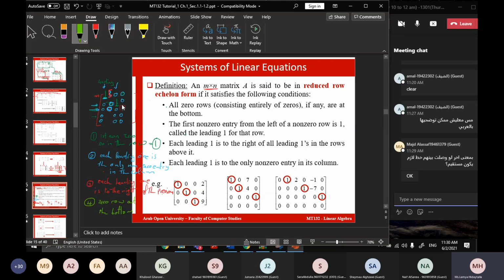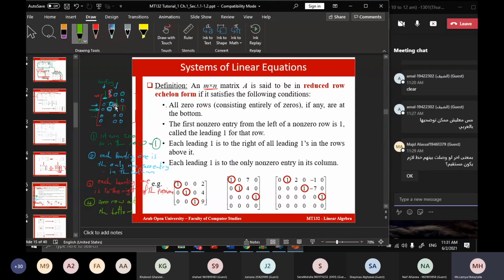Second, each leading one should be the only non-zero entry in its column. When I come to a column and find the leading one, all the others should be zeros in that column.